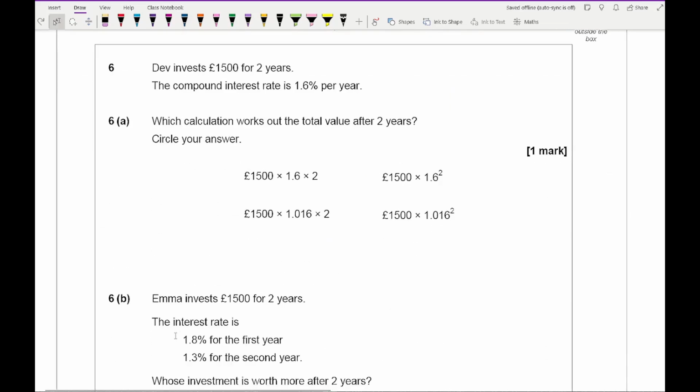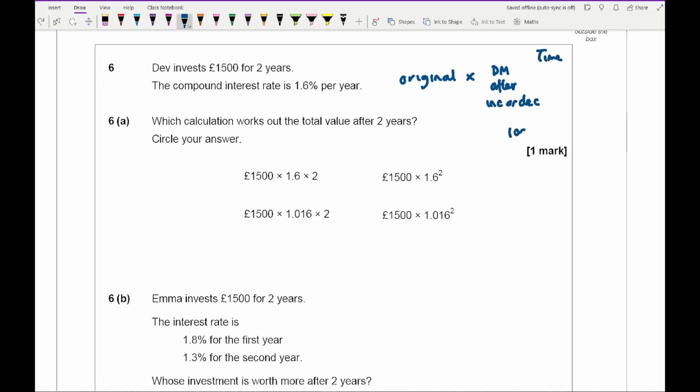Moving on to question 6, it says Dev invests £1,500 for 2 years. The compound interest rate is 1.6% per year. Which calculation works out the total value after 2 years? So for this, remember that the formula for compound interest is the original amount, or the starting amount, multiplied by the decimal multiplier after the increase or decrease, and that's to the power of the time.